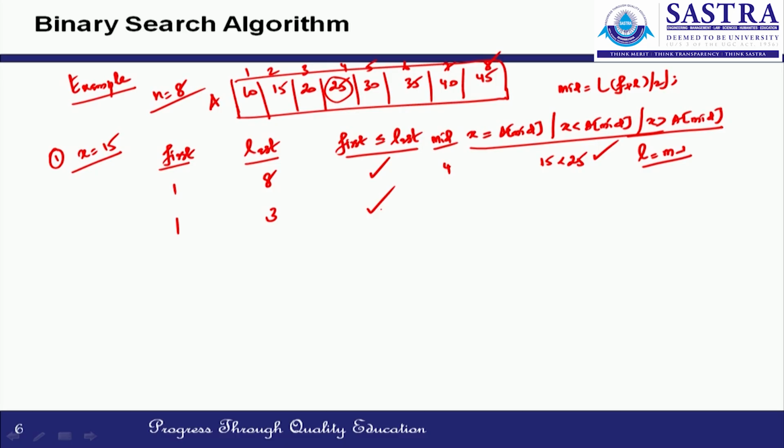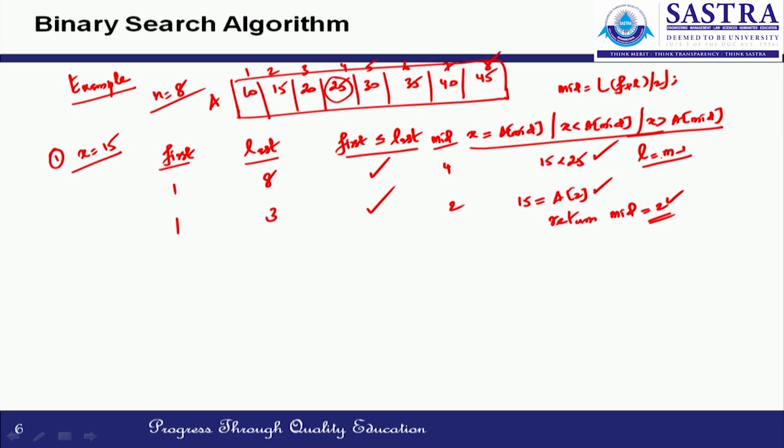Mid is first plus last by 2, 1 plus 3 is 4, by 2 is 2. Checking if x is equal to a of mid: x is 15, a of 2 is 15, 15 is equal to 15, condition is true. So the statement executed is return mid, current mid is 2. This 2 indicates that the searching element is available at the second location in the array.